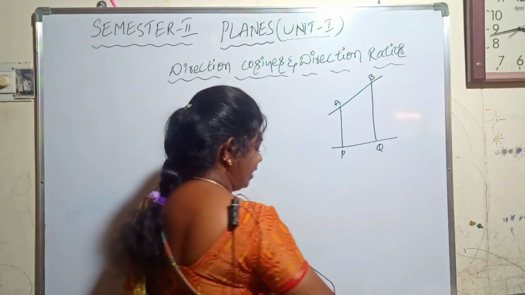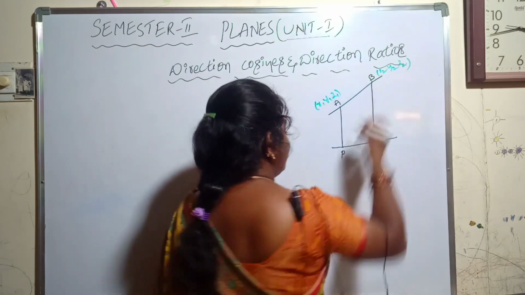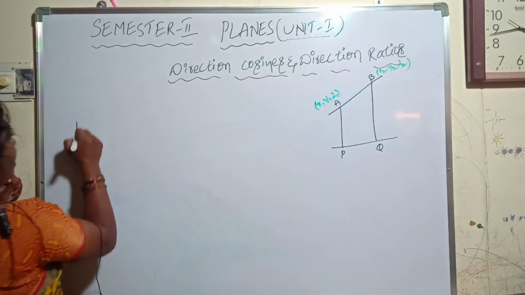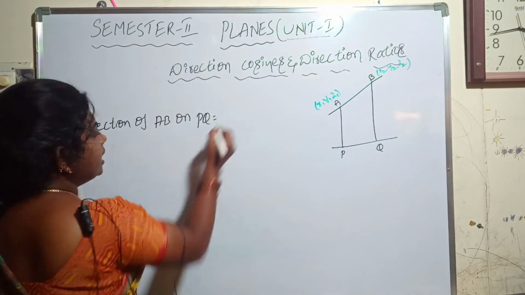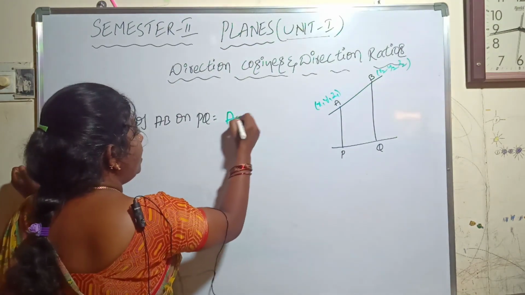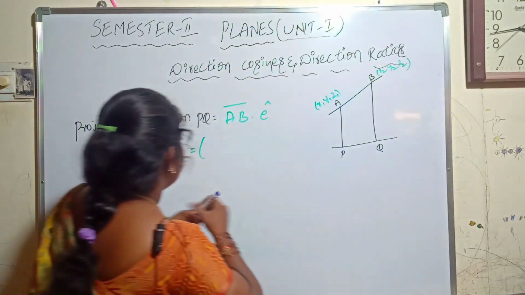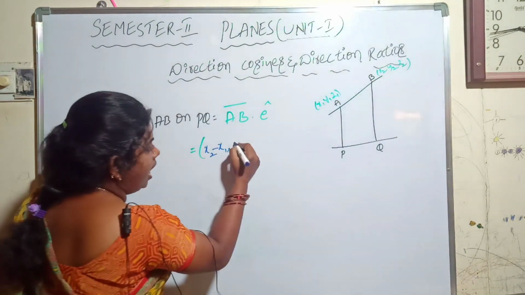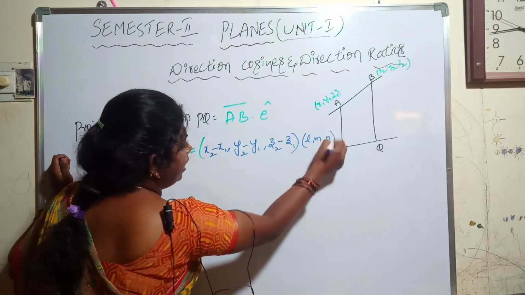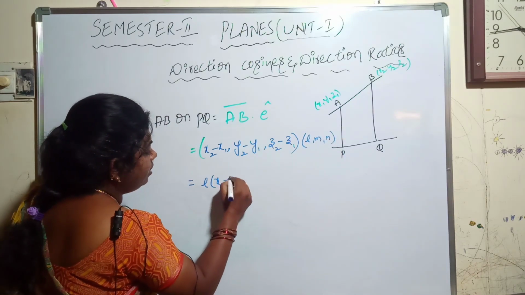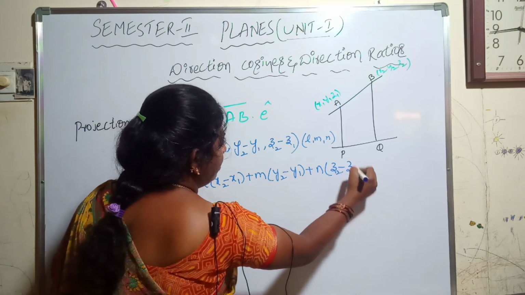If x1, y1, z1 are the coordinates of A and x2, y2, z2 are the coordinates of B, then the projection of AB on PQ is AB dot E cap, which is nothing but (x2 minus x1, y2 minus y1, z2 minus z1) dot the direction ratios L, M, N, which is L into x2 minus x1 plus M into y2 minus y1 plus N into z2 minus z1.